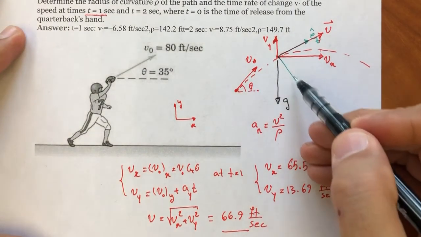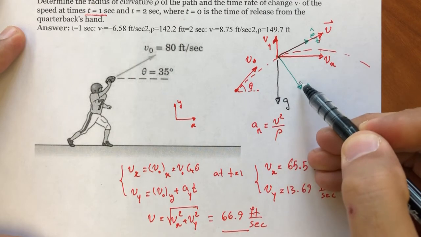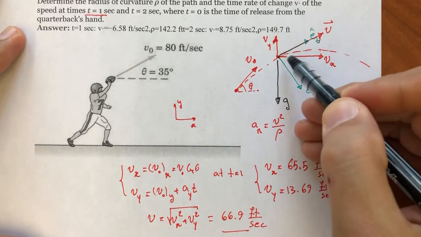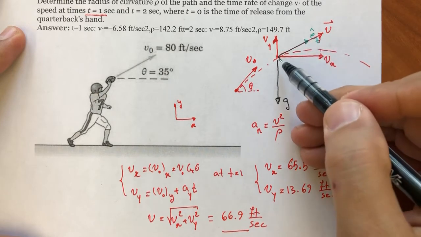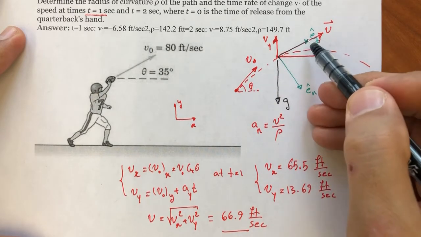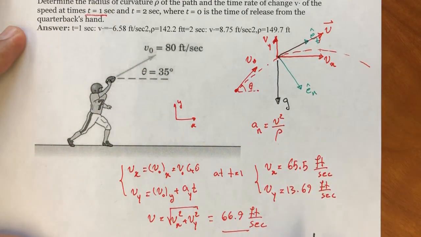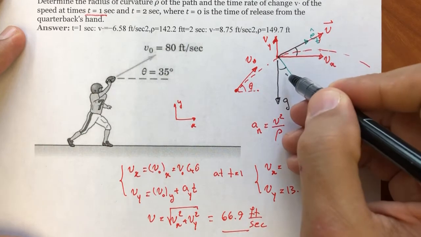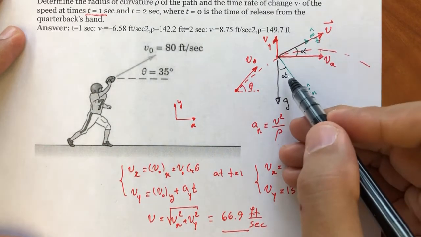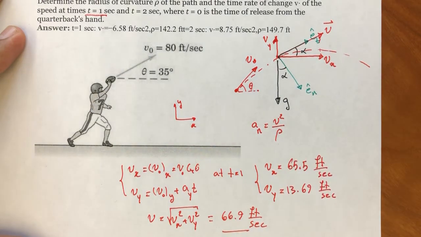And acceleration in the normal direction is going to be the component of its total acceleration in the normal direction. And acceleration in the tangential direction, or v dot, is going to be the component of g in that direction, because this is the total acceleration, right? So I need to know what this angle is, which is equal to this angle. Let's call it alpha.